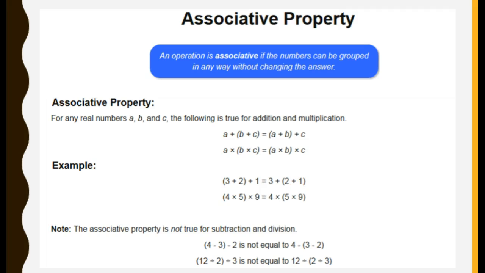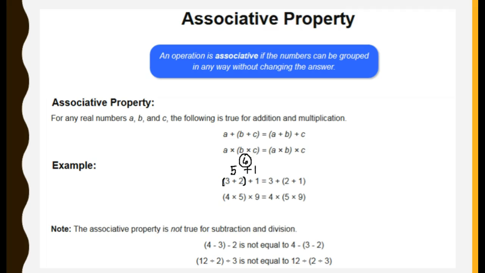So let's try this. Usually grouping is when you are going to do that first. So you'll learn more about that next year. But whenever you have parentheses, you want to do whatever is in the parentheses first. So 3 plus 2 would be 5, plus 1 would be 6, right?